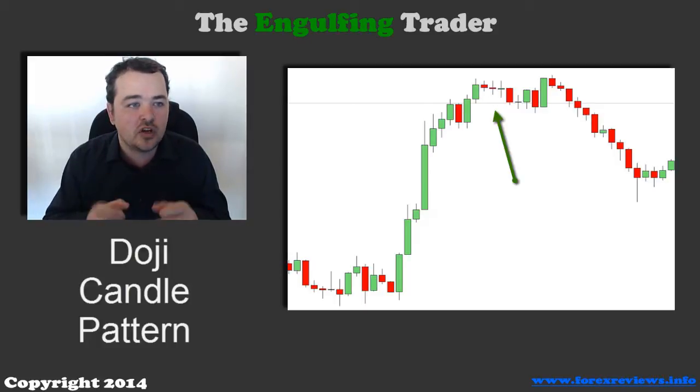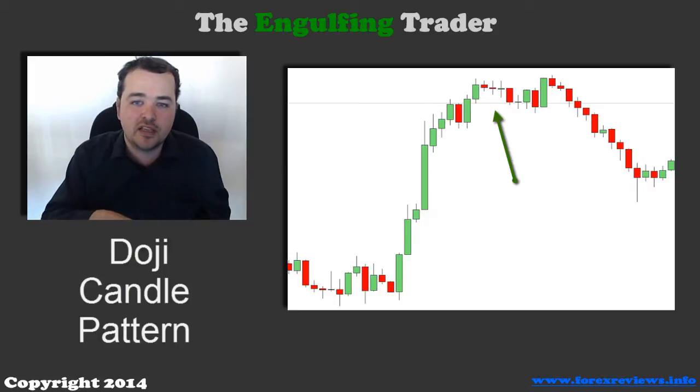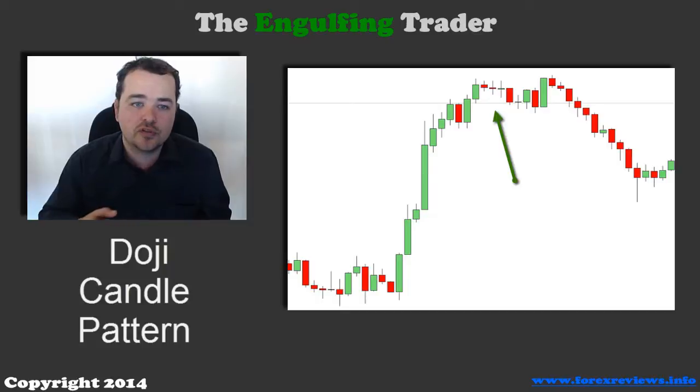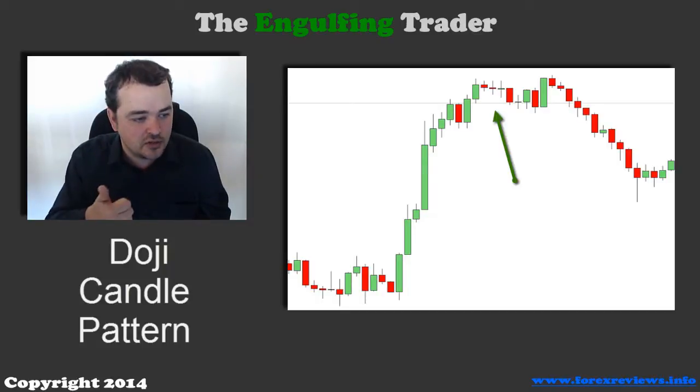Now, I wouldn't use a doji candle just by itself. However, a doji candle can often be seen at the top of highs or at the bottom of lows. And with other price action or other aspects such as structure, it can be an added confluence to your trading strategy. So that's the first one. It's the doji.